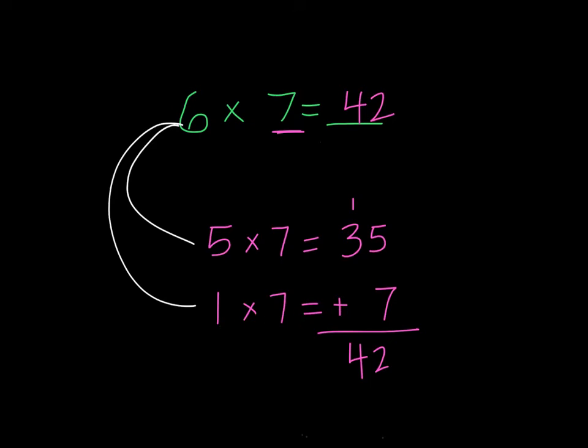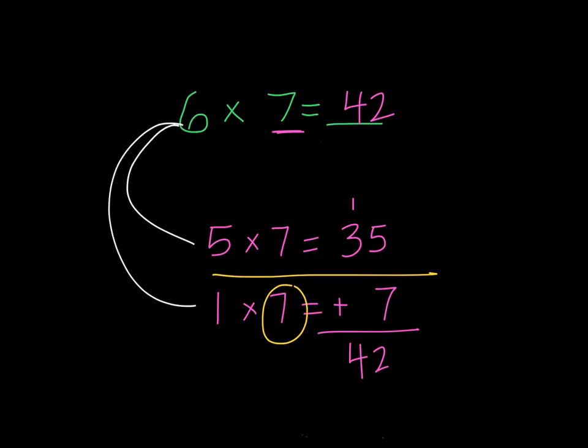What you could actually do is just think about multiplying 5 times 7 and then adding a group of 7. So adding that factor again.